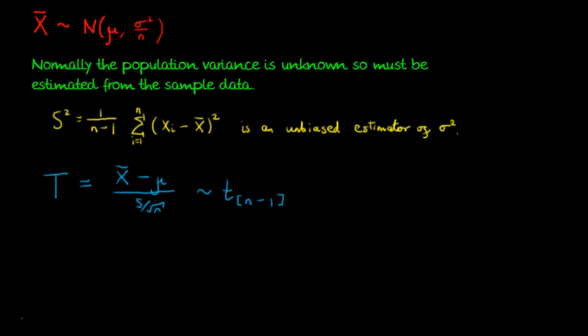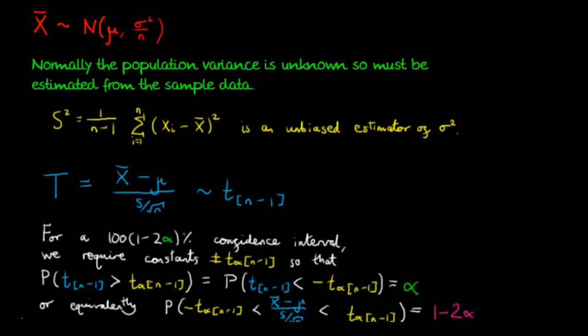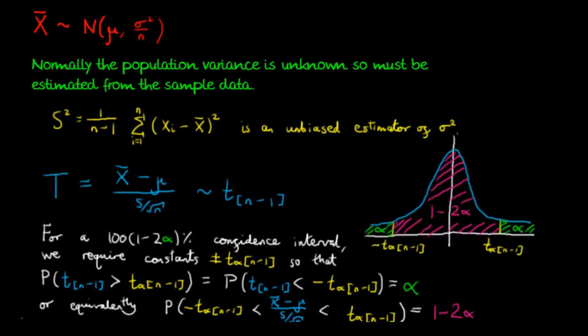of freedom. Right, now if we're trying to compute a confidence interval, let's call it a 100 times 1 minus 2 alpha % confidence interval, so alpha would be 0.025, for instance, in a 95% confidence interval.